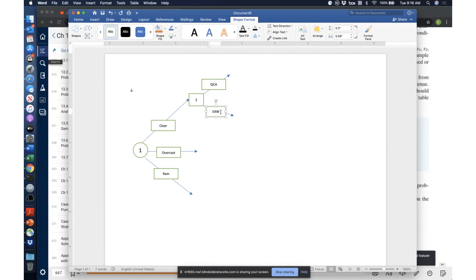Now, once you make this decision, you again face a state of nature. And this state of nature is whether the thing is packed, jammed, or not.